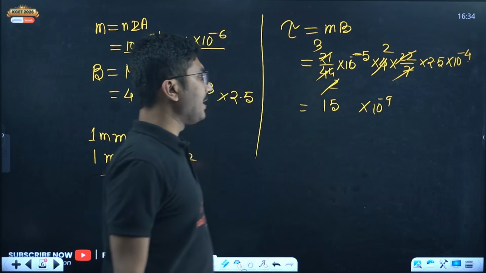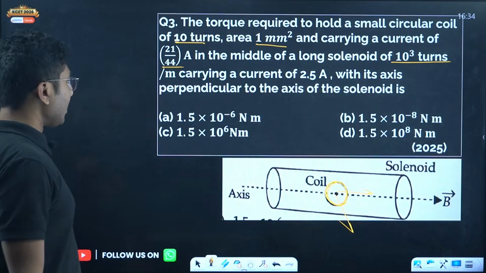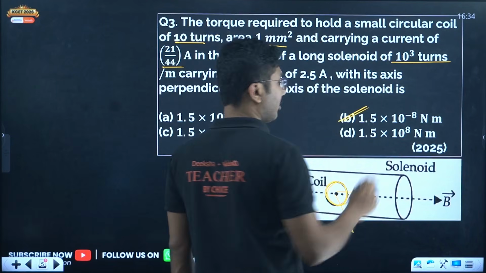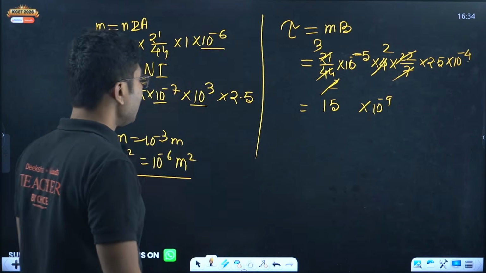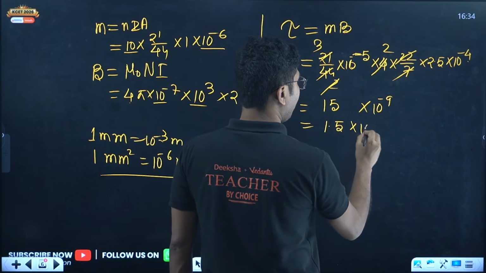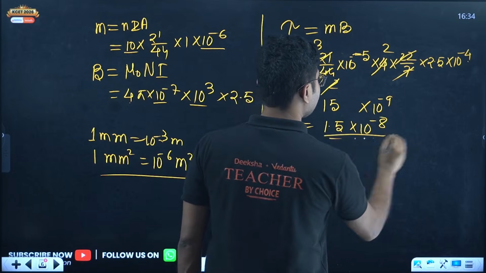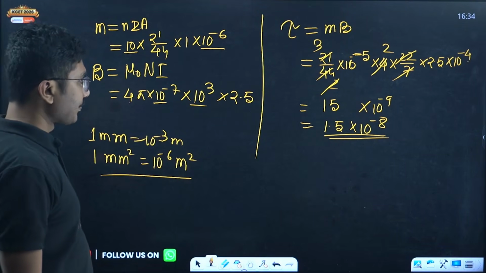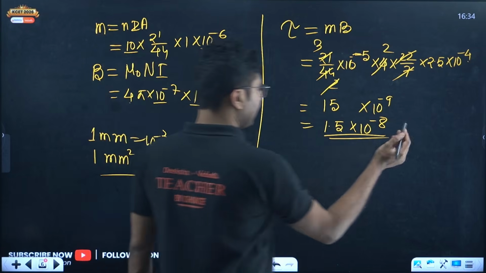So it will be 15 into 10 to the power of minus 9. Now if you see the option, it will be 1.5 into 10 to the power of minus 8. Obviously this much is clear. So if you take one decimal in, it will be 10 to the power of minus 8. So the correct answer for this question is 1.5 into 10 to the power of minus 8, right? Newton meter.